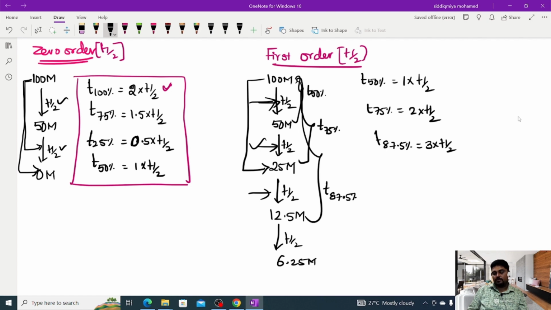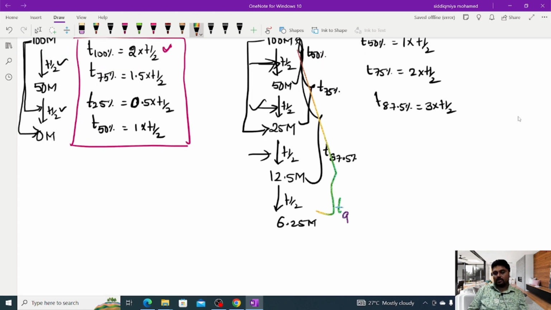So the time taken for 93.75 percent is equal to 4 into T half.